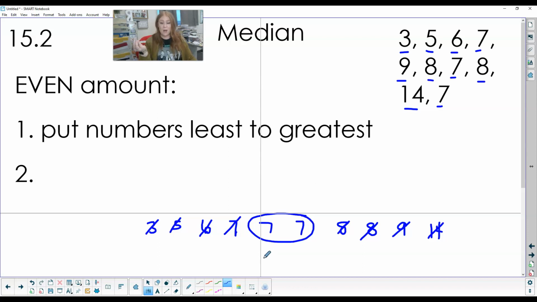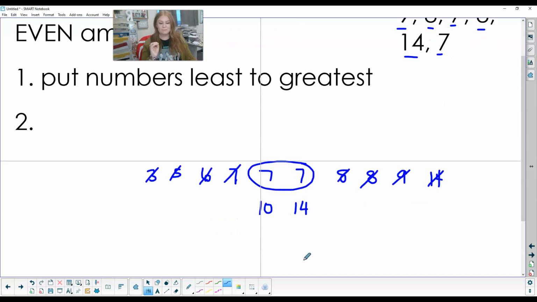So if I had one that was, let's say one was 10 and one was 14. So those were the 2 I found in the middle. I'm going to add them up, 10 plus 14, and then, right, there were 2 of them, and I'm going to divide by 2. So my middle of those would be 12.